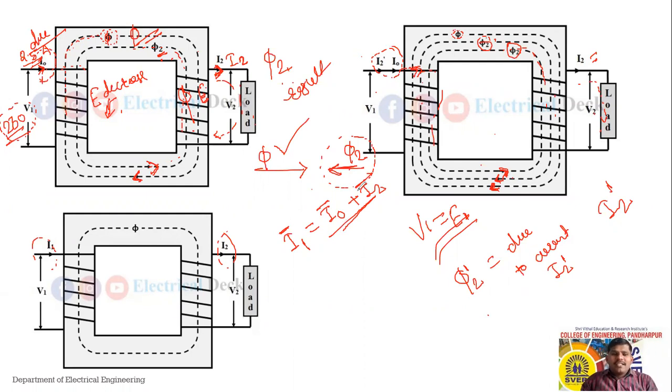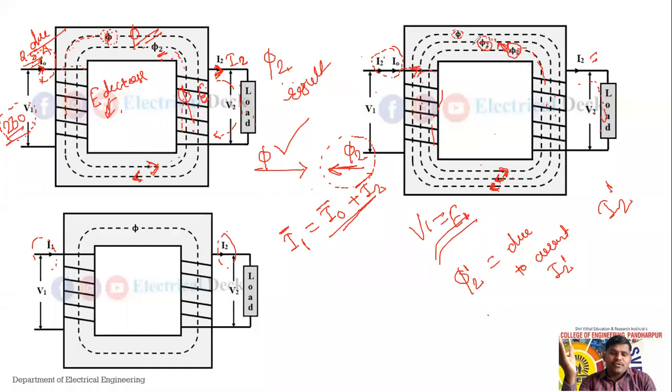So the resultant value of flux, जर हा phi2 चा effect phi2 dash ने neutralize केला, okay, if this effect is neutralized, कोणते flux राहतील? Phi is nothing but the main flux. Only the main flux will remain, because we are neutralizing the effect of the flux produced due to the secondary current.